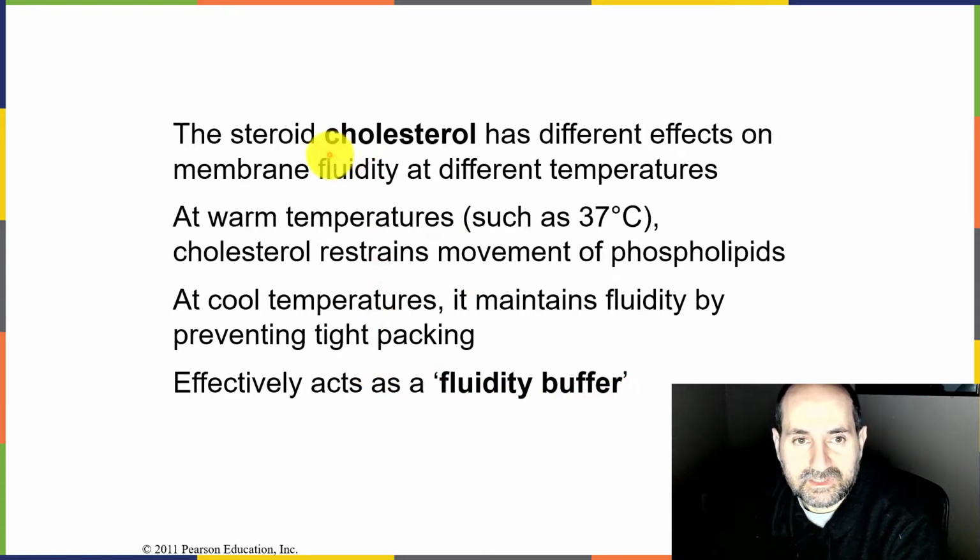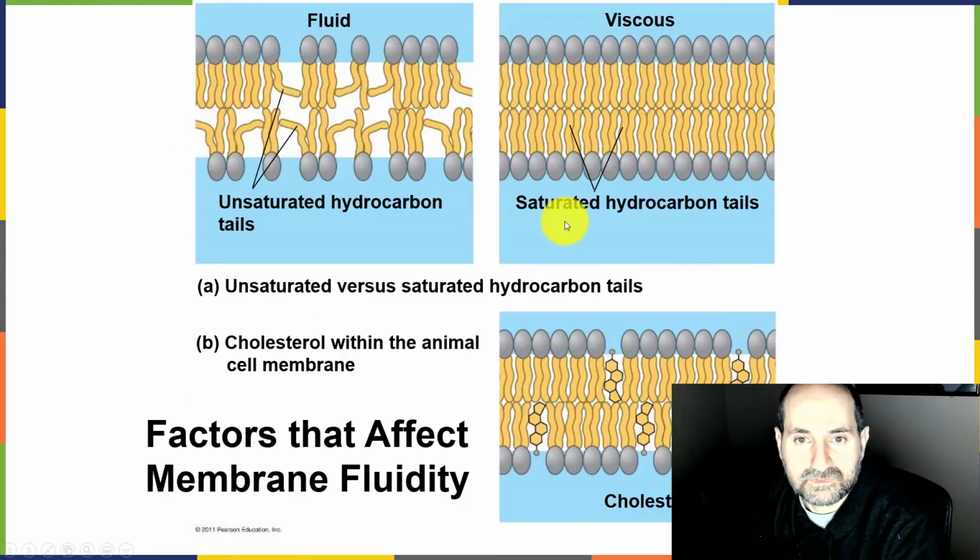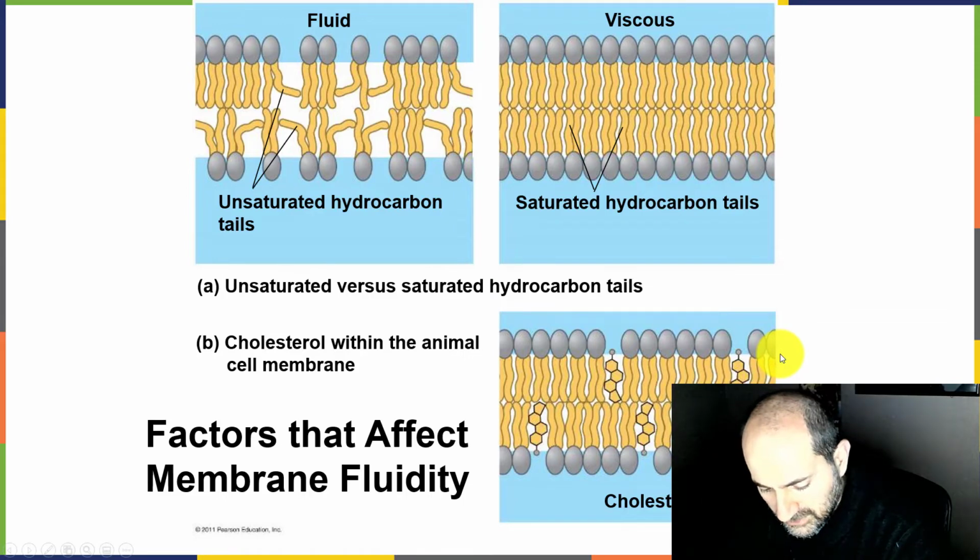That means that cholesterol keeps the fluidity of our membranes so our membranes don't freeze up. So you see here, with the help of cholesterol, membranes stay fluid. Another way of staying fluid is to have unsaturated fatty acid tails. But what I mainly want you to know is the job of cholesterol.